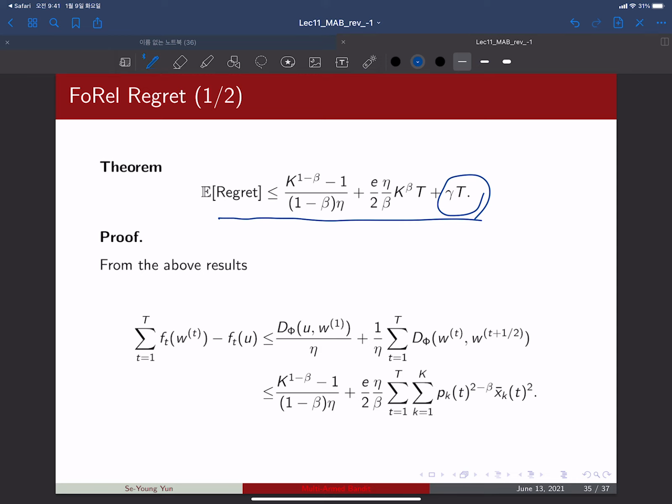So when you design an algorithm, I recommend using some simple trick, like subtracting the max. That is simple and very useful for this analysis. But if you don't want such a subtraction trick, then you have to introduce additional gamma to restrict the range of x bar, and the restricted range of x bar still gives a good regret.